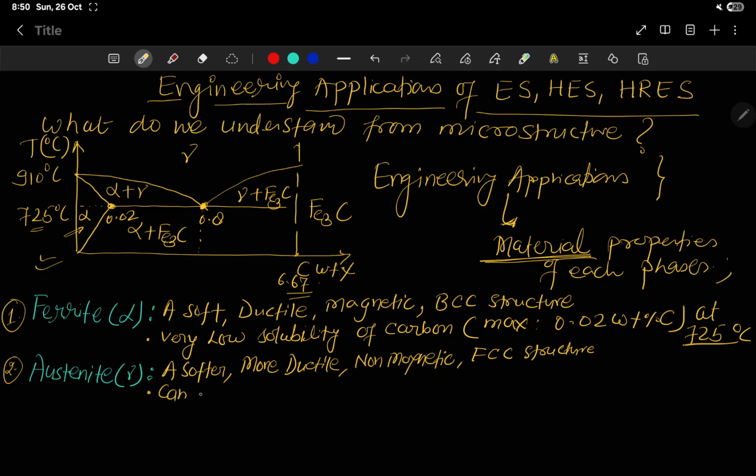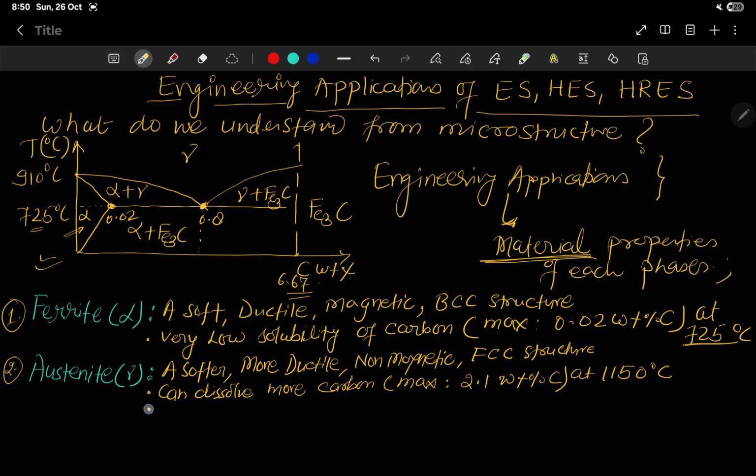So the observation is that austenite can dissolve more carbon, up to a maximum of 2.1 weight percent of carbon at 1150 degrees Celsius.